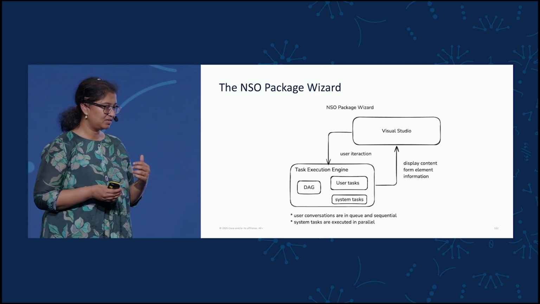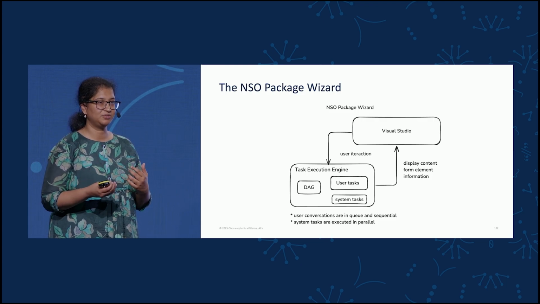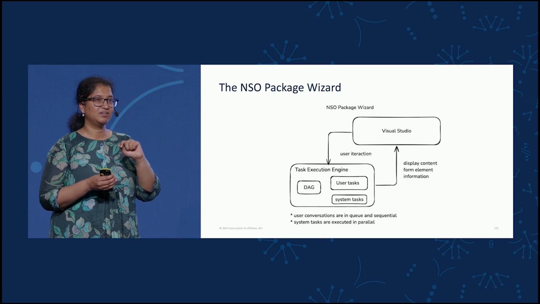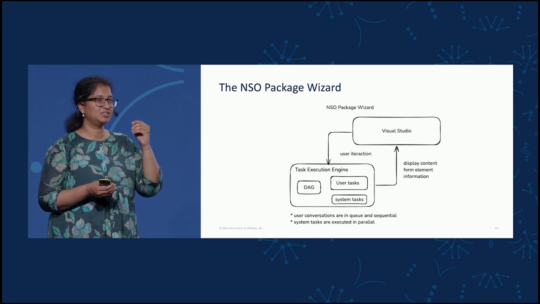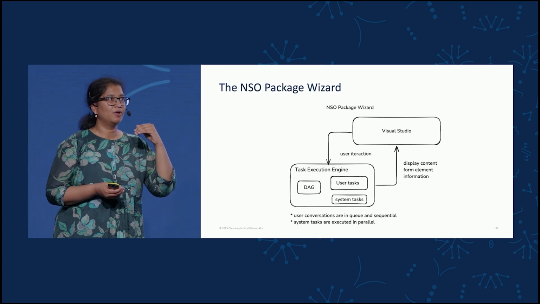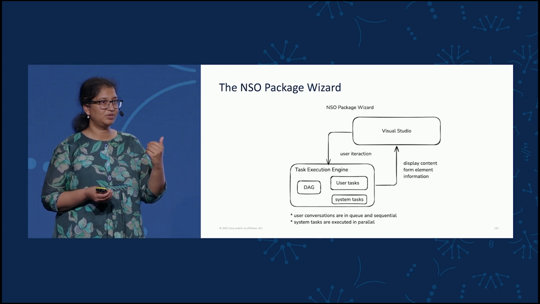And here, whenever there are no dependencies, these tasks go into execution. We split the tasks into two different types. The first is the user task, and next is the system task. The user tasks go to the user interface, gather the user input, and come back.